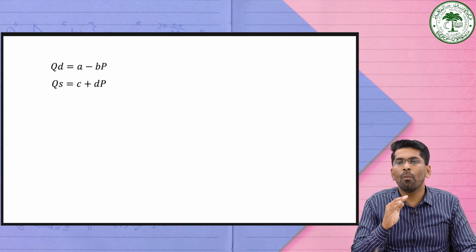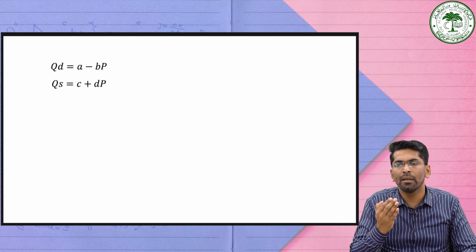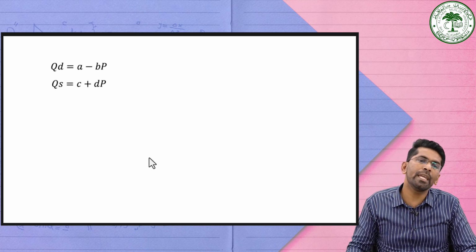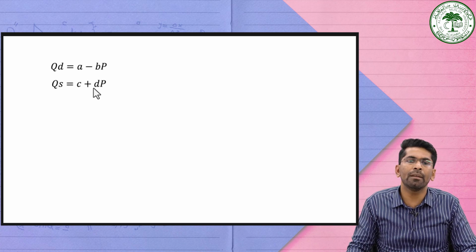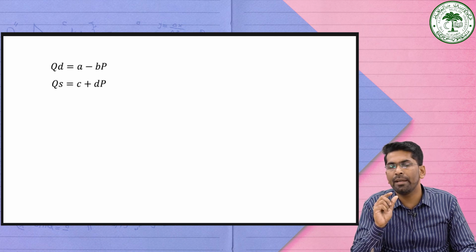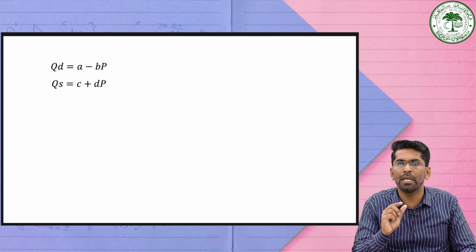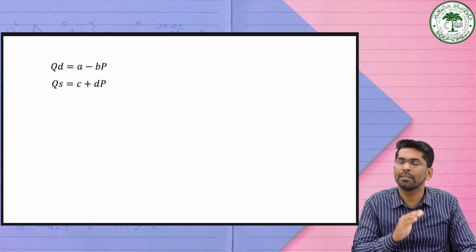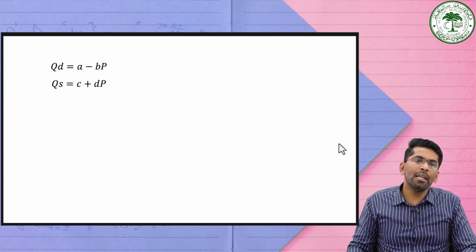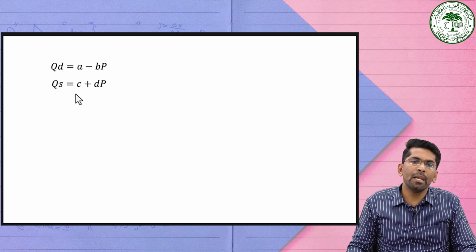Here the curve is upward sloping, because there is a positive sign for the coefficient of P, showing that the supply curve slopes upward, implying that there exists a direct and positive relationship between price and quantity supplied. So accordingly, we are going to find the equilibrium point.